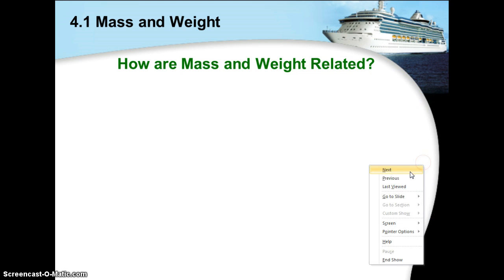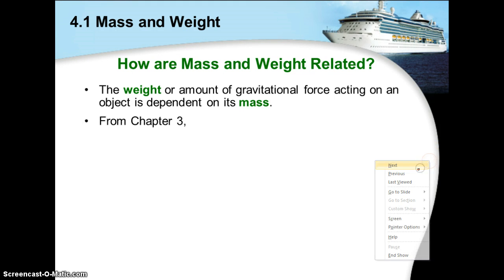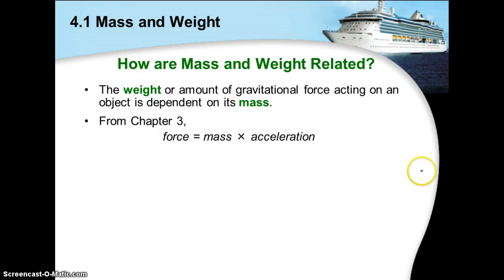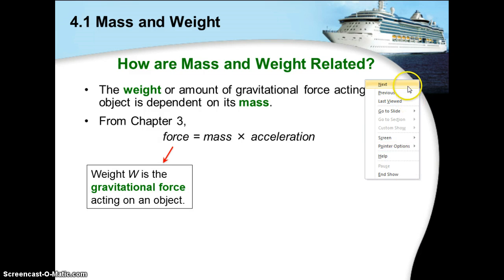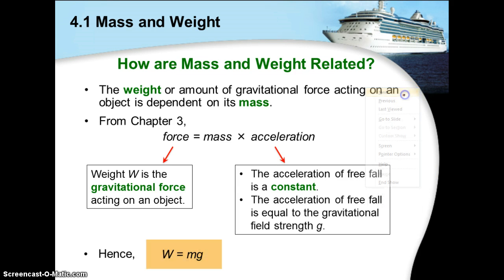So how are mass and weight related? The weight or amount of gravitational force acting is dependent on its mass. We know this from chapter 3. I will just go straight to show you this, that W equals mg.